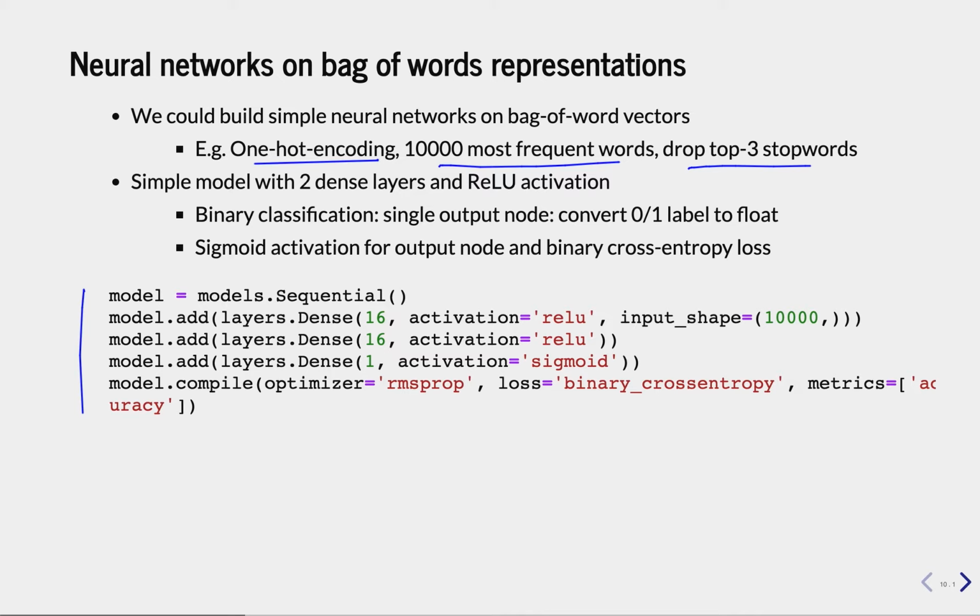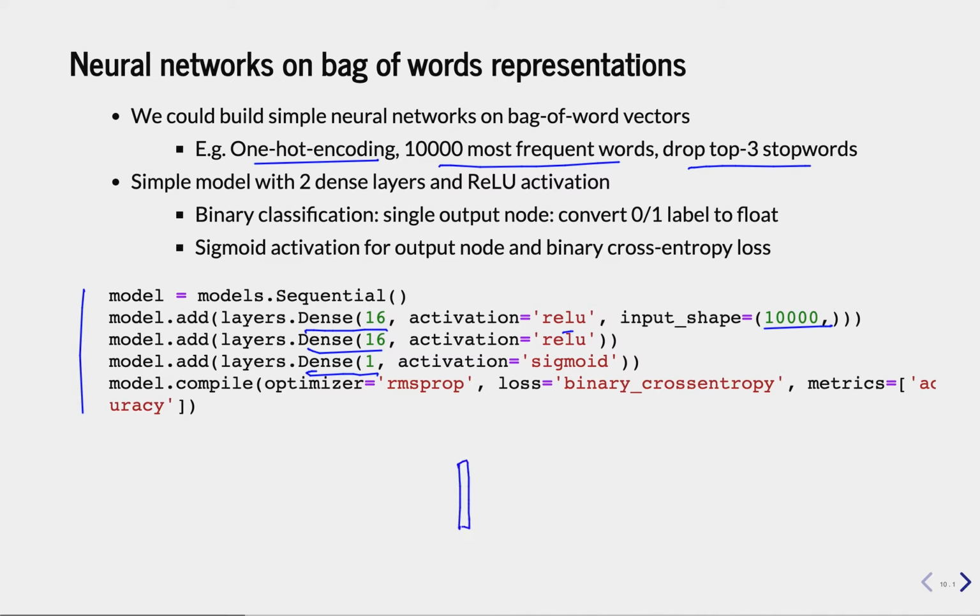We have two layers here. So the input shape is a 10,000-dimensional vector, right, of ones and zeros. And we'll have one dense layer of 16 nodes, another dense layer of 16 nodes, with ReLU activation. And then because at the end we want to predict whether the review is positive or negative, we end up with one output layer, right?